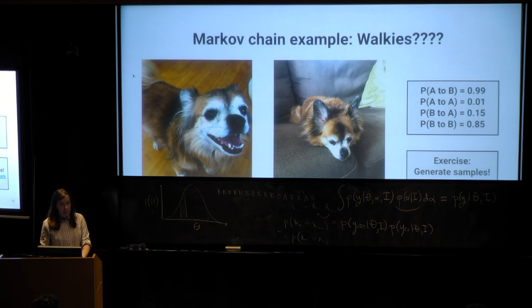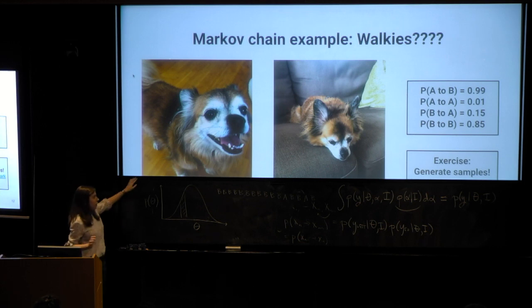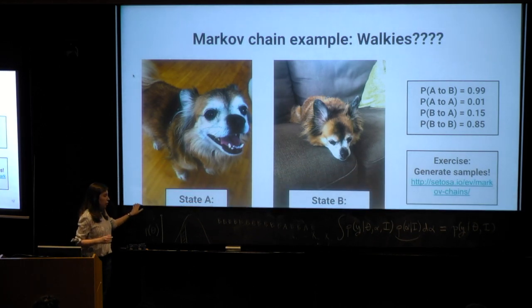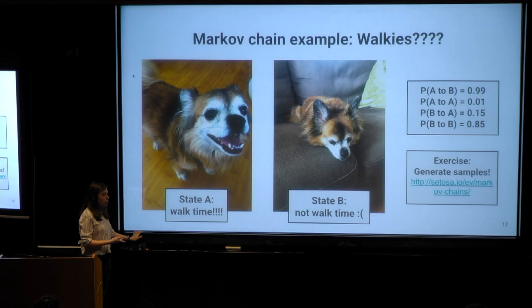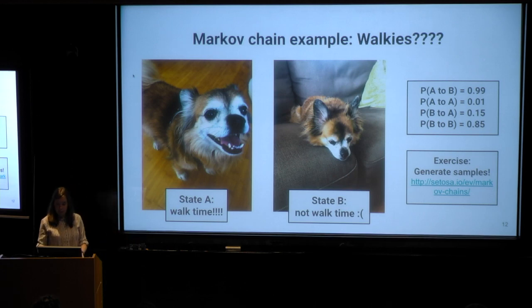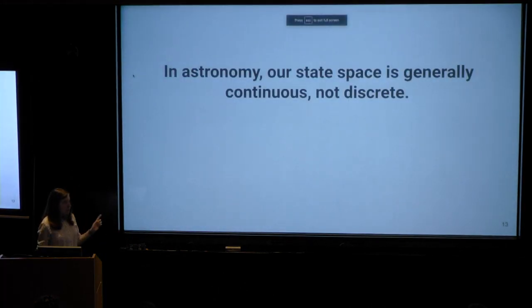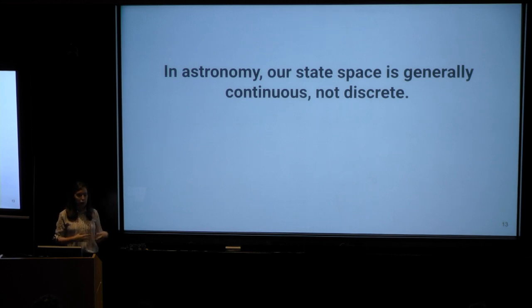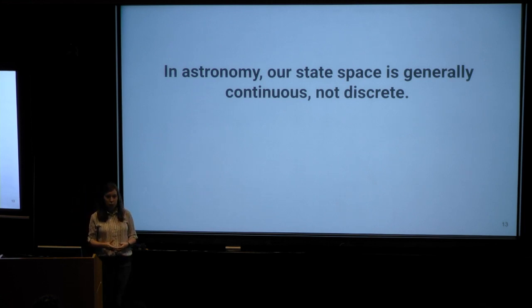In science, there are a couple of differences between this example and what we would generally use a Markov chain for in MCMC. So one difference here is that we were using just a simple two-state system of walk or not walk. But generally, the parameter space that we're interested in exploring and the data that we want to predict are both continuous systems.